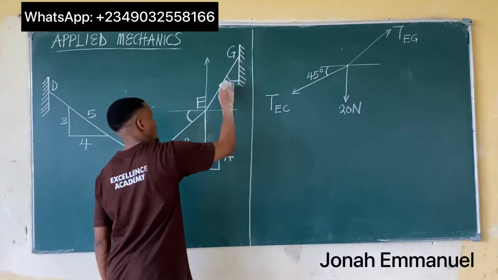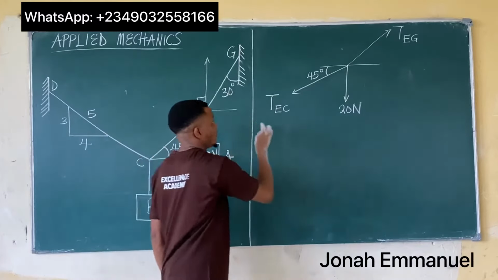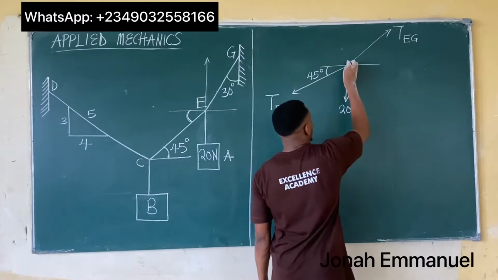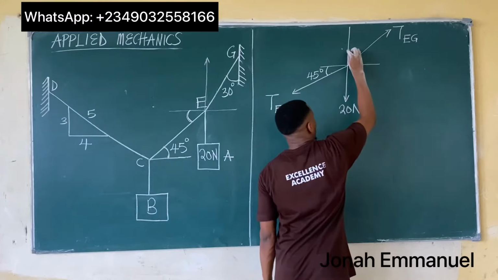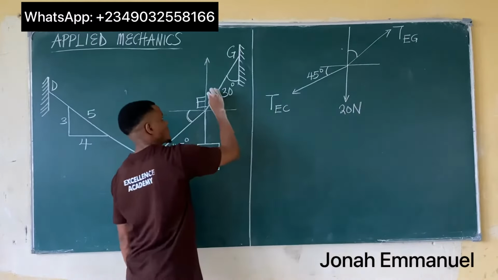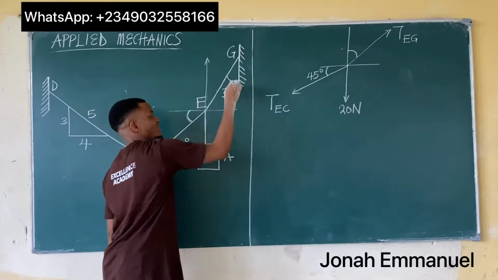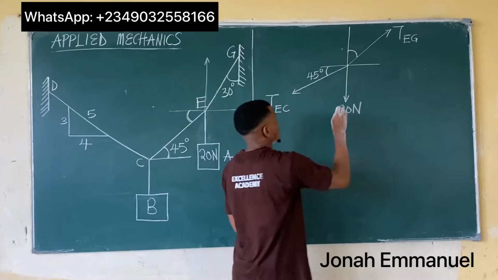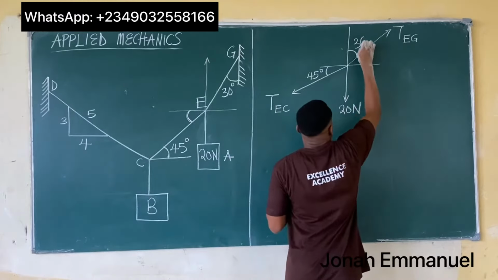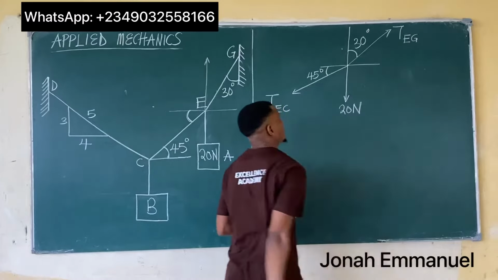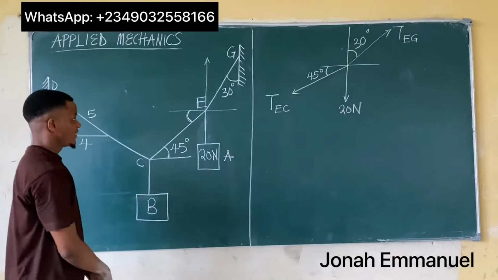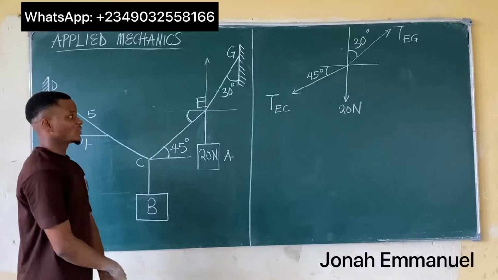So this angle here equals this one here. So hence, if I extend this one upwards, this angle here is equal to this. They are called alternate angles. This is equal to 30 degrees. Alright, so we have this. Quite something. So we can now start off with this one here.